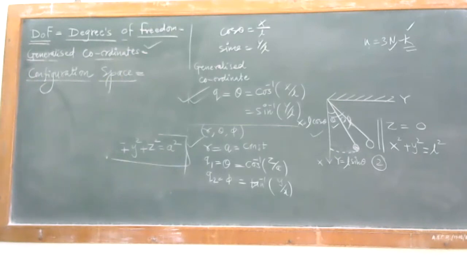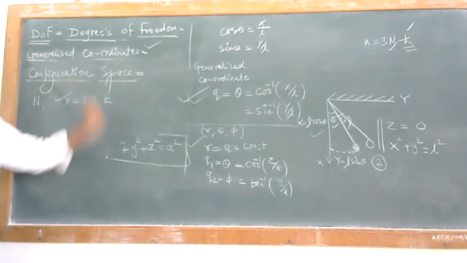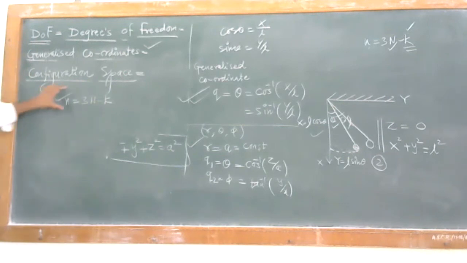We'll have n number of particles with k equations of constraints. You can write the degrees of freedom as 3n minus k. So you'll have that in terms of your n number of particles.